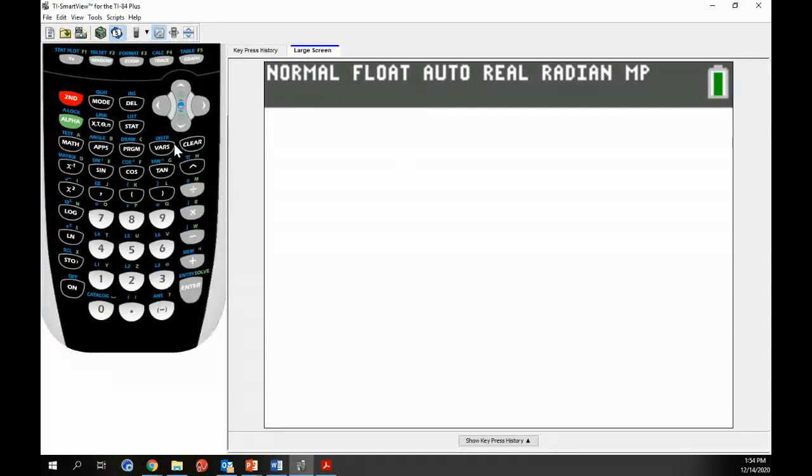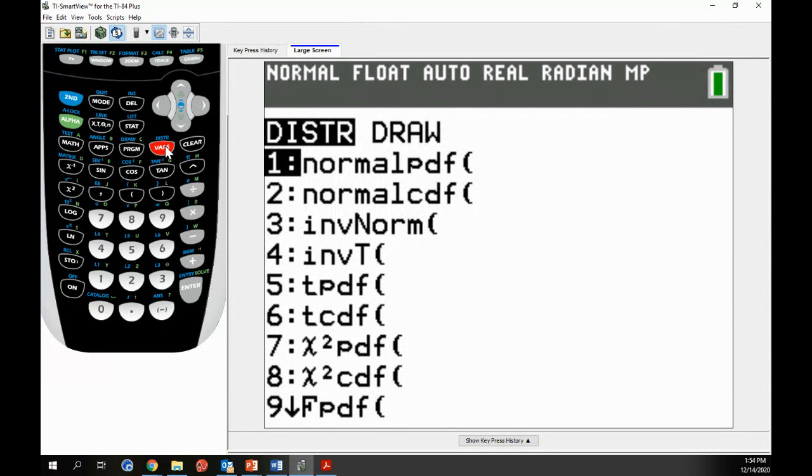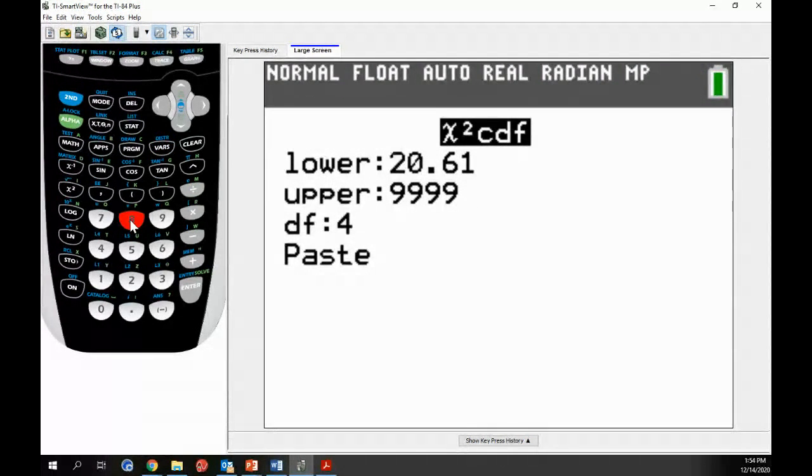You can go to second and bars, and then pick option 8 for chi-squared CDF. You can see mine's already in there because I did it last period. So 20.61 is the lower bound. Your test statistic is always your lower bound. Upper is just a big number. And then we have our degrees of freedom.